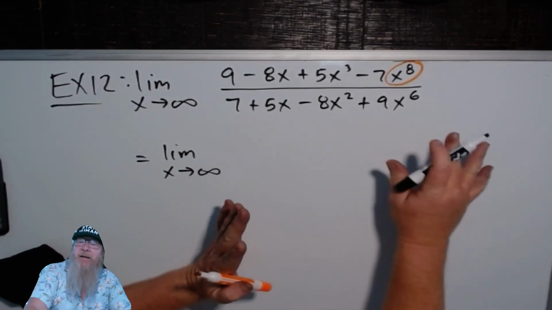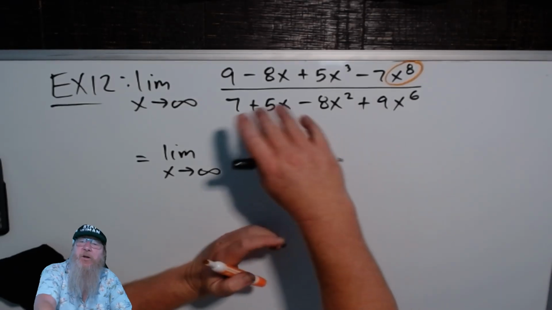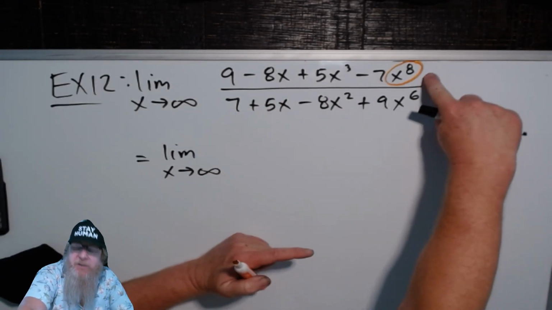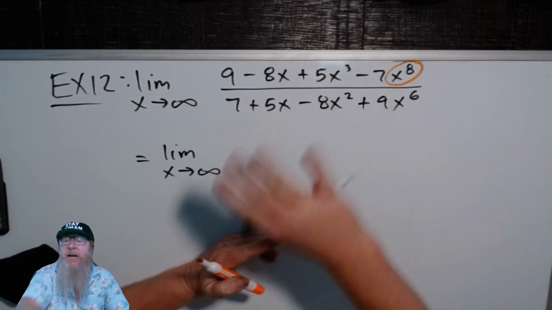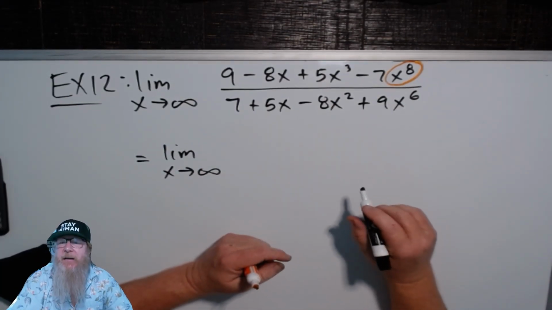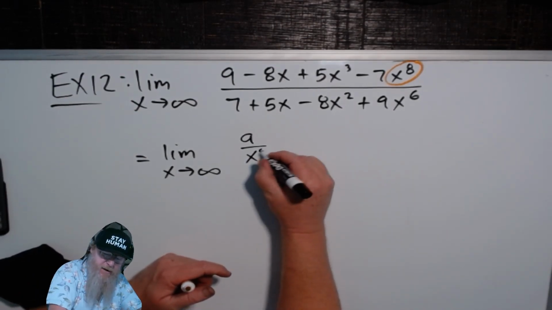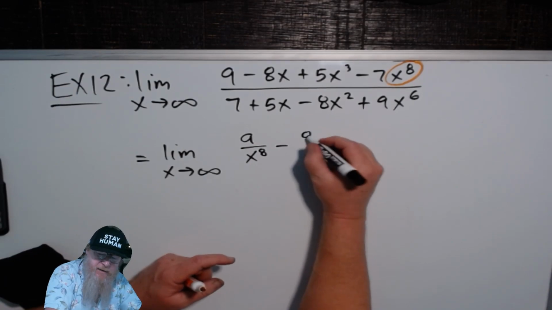Notice this is not written in descending order. This is written what's called ascending. It's getting larger as you go from left to right. So the largest power of the entire expression is x to the 8th. So let's divide everybody by x to the 8th, and let's do it very efficiently.